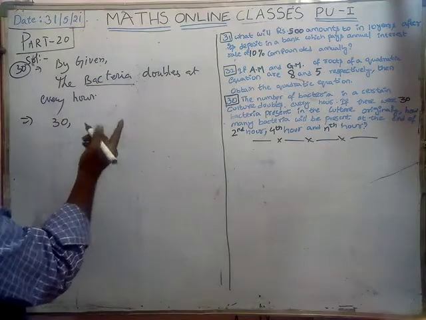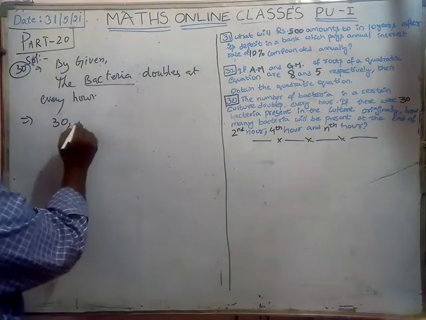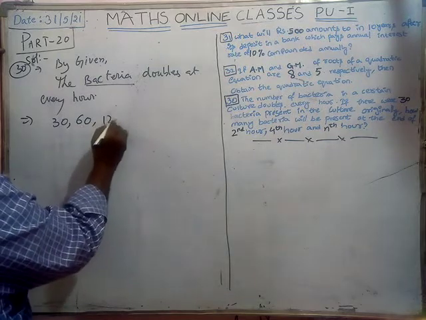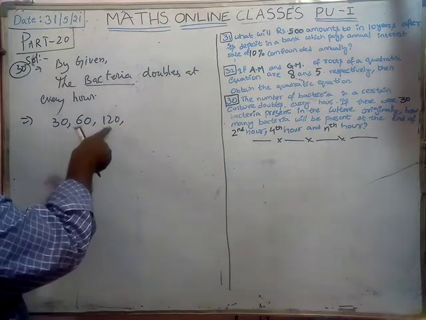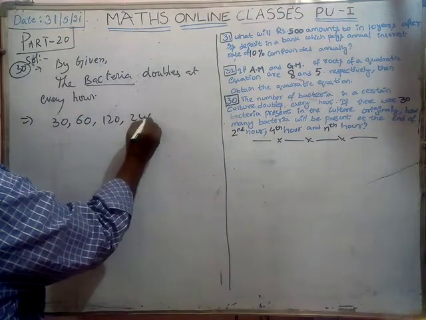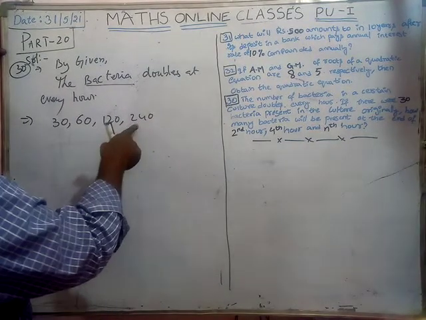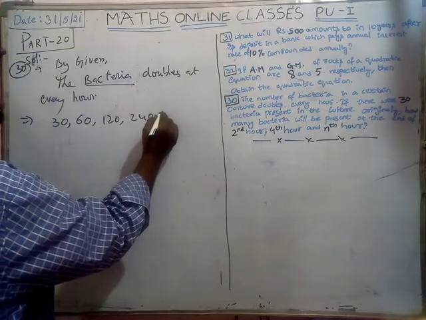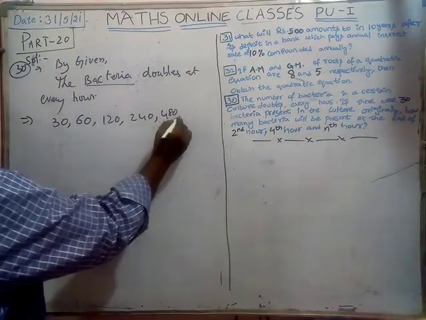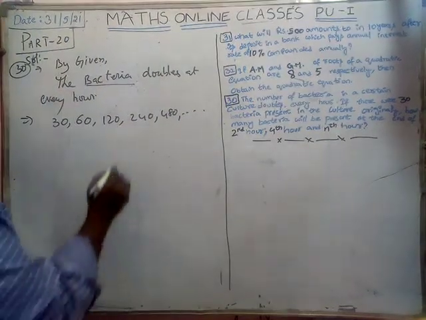Next it doubles at the end of the first hour, that means 60, and again it is 120 at the end of the second hour. And it is doubled at the end of the third, and again doubled at the end of the fourth, and it's going on.